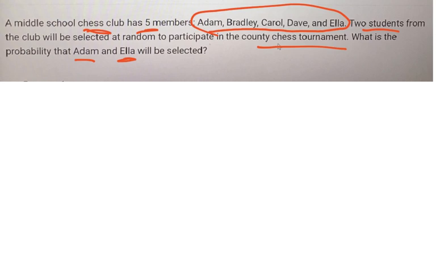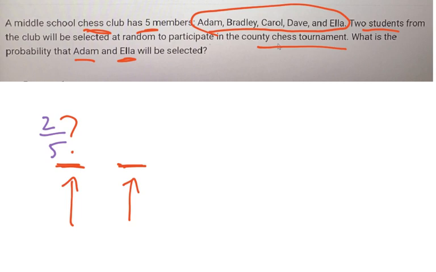Well, the logic is simply this. If I'm picking 2 people, here's choice 1, here's choice 2, what's the chance that I pick Adam or Ella first? Well, there's 2 of them out of 5 members, right?